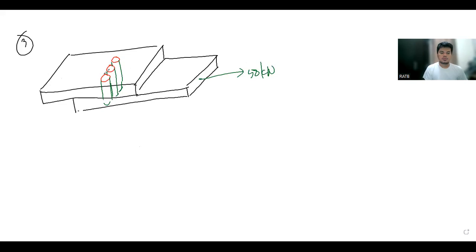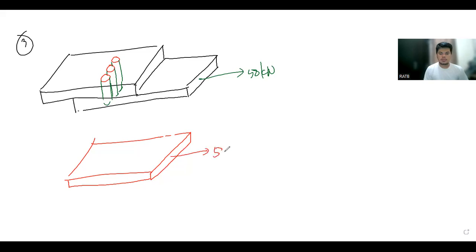If we separate now the two plates, assuming we consider the plate at the bottom, this would be 50 kilonewton, and then you have the cross section of the rivets.